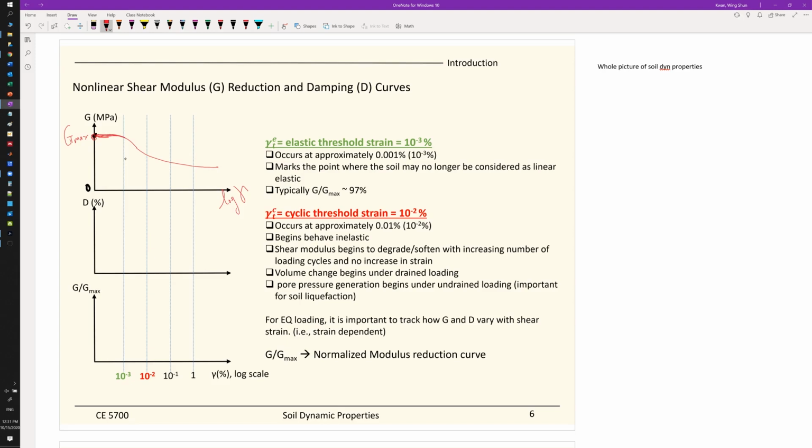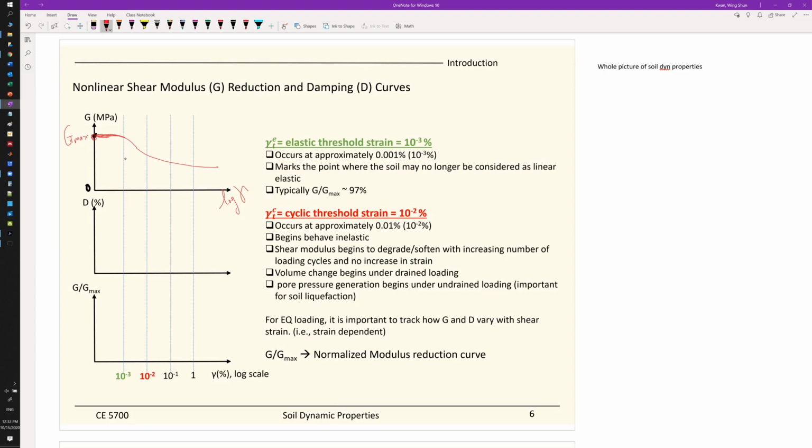So this must be the maximum point. This also represents the stiffness of the soil. The more repeated loading you add on the soil, the more you weaken the soil, which is reflected in the shear modulus values.